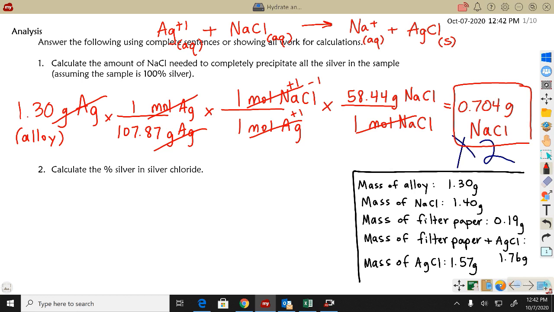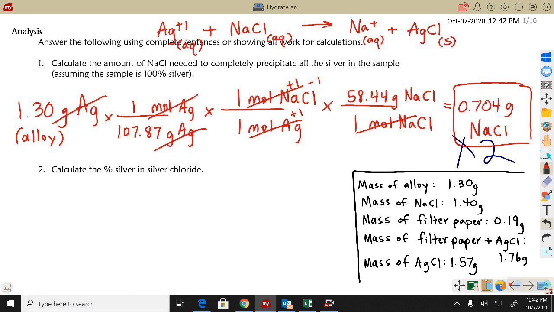Some of that was copper. But to ensure that without a doubt no silver ions are left behind unprecipitated, we doubled that 0.7 grams, and I used about 1.4 grams of sodium chloride. That is way, way extra, more than twice as much sodium chloride as we needed. But we really wanted to collect every silver ion.